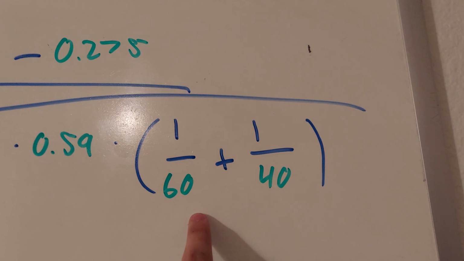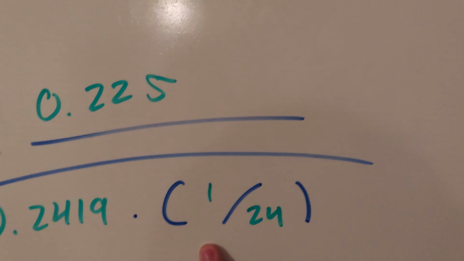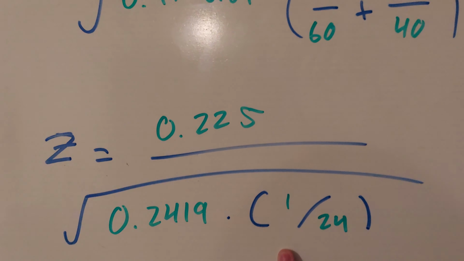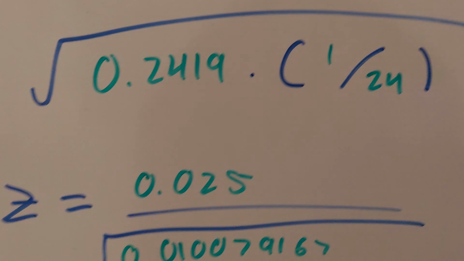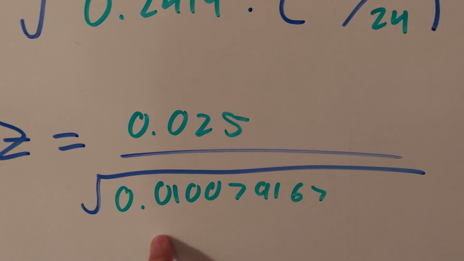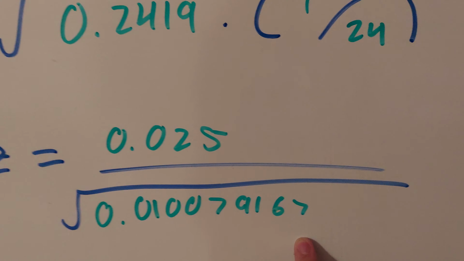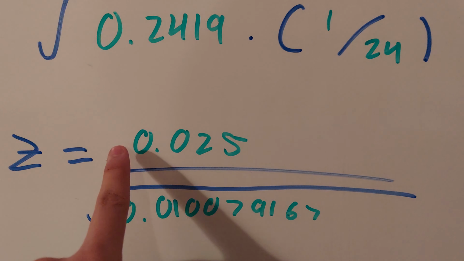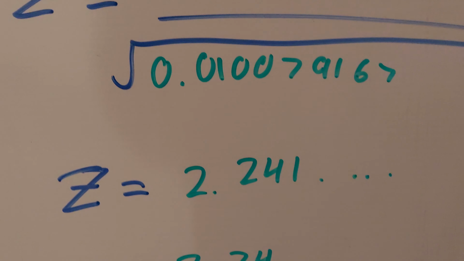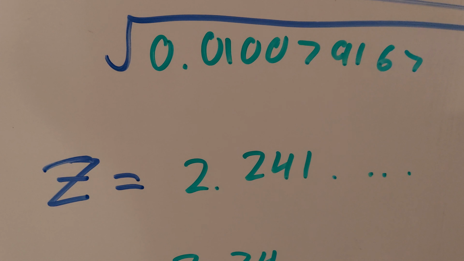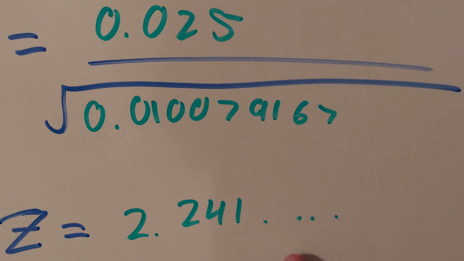And 1 divided by 60 plus 1 divided by 40 is equal to 1 over 24. We finish it off by changing these two, in which we get 0.01007967. Now we do 0.225 divided by the square root of this number, and we get z, or the test statistic, or the test value, equal to 2.241, with some more digits behind it.